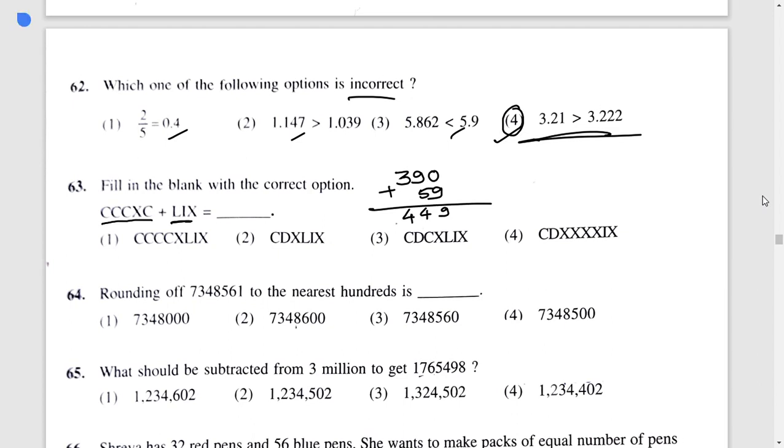So 449, how are you going to write? 400 first, afterwards 49. So this is the correct answer. Option 3 is the right answer here.